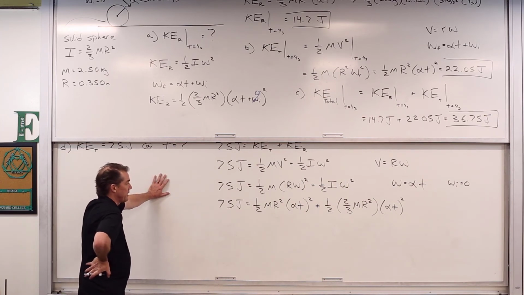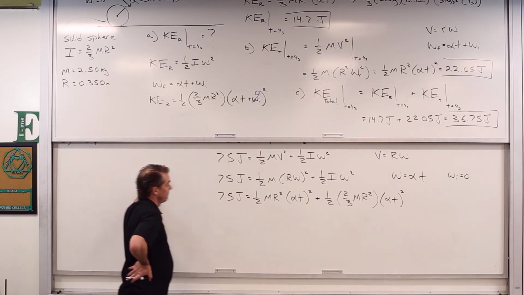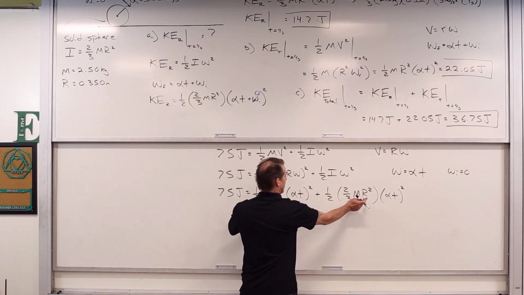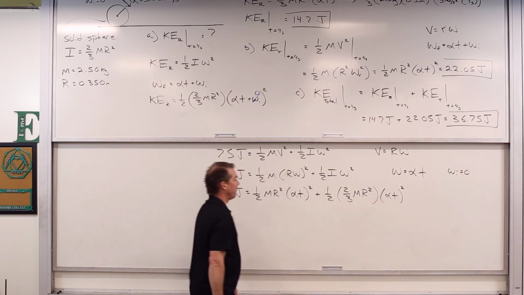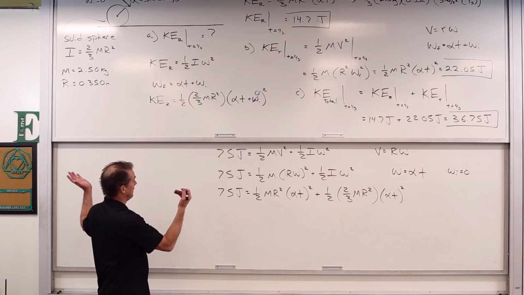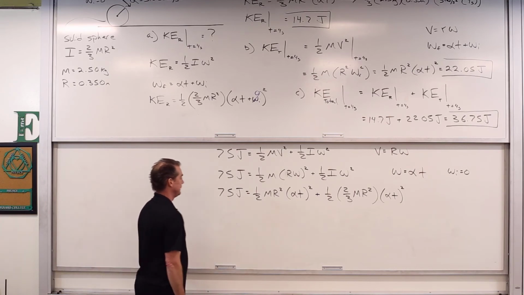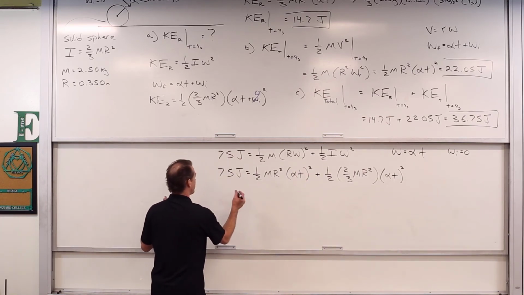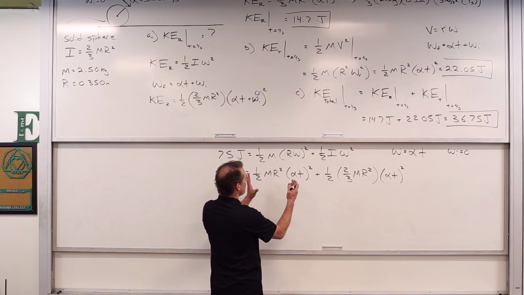A lot of this is going to collapse down, right? Because we've got a common term of m and r squared and alpha squared, all things that we know. And then we can factor out the t squared, move everything to the other side, and have a nice final expression there.